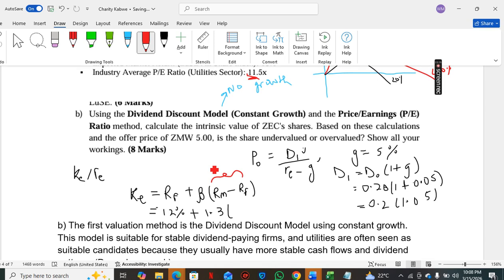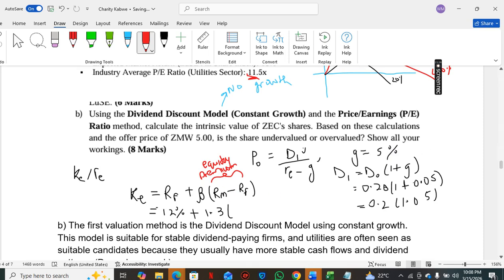It's the extra return you are getting for investing in these riskier securities. As we said earlier on, the more return you want, the more risk you have to incur. So if you invest in other securities apart from government securities, you have to get an extra return over someone who has invested in the government security. I hope that is clear.